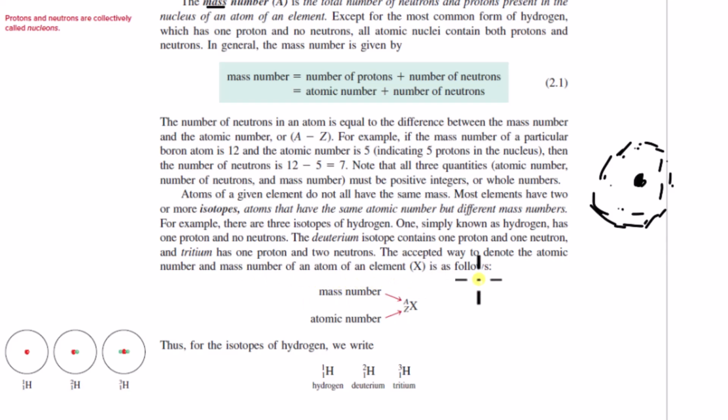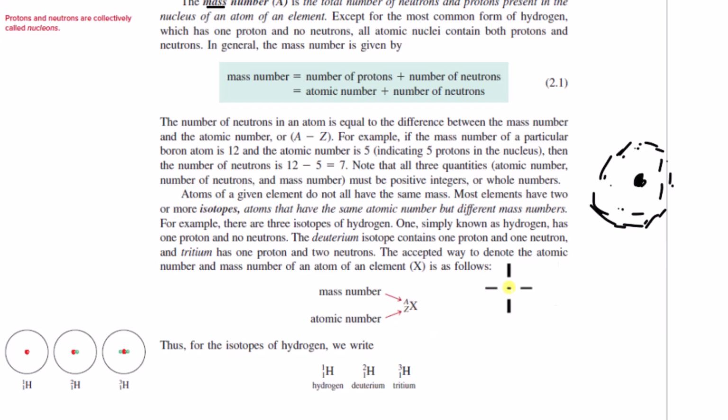So if you want to just generally specify the atomic number or mass number of a certain element, you want to put this into a paper or a presentation, just specify one or both of these two numbers.